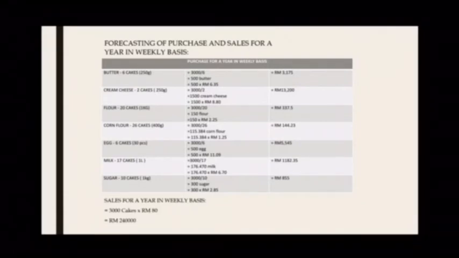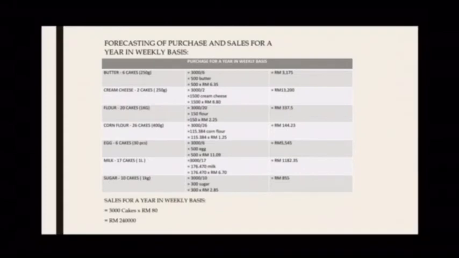Flour, 20 cakes for 1 kg, is 337 and 5 cents. The total purchase for corn flour, we can make 26 cakes for 400 grams, is 144 and 23 cents.